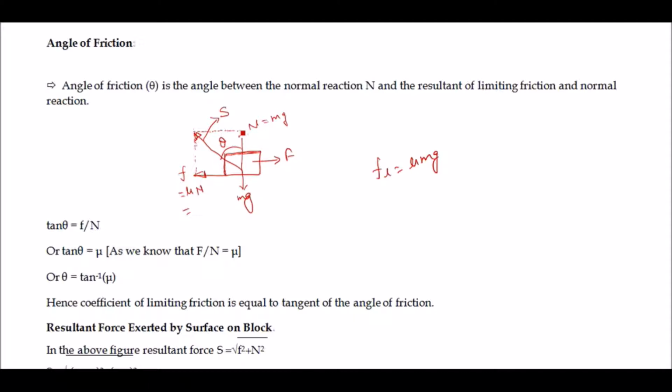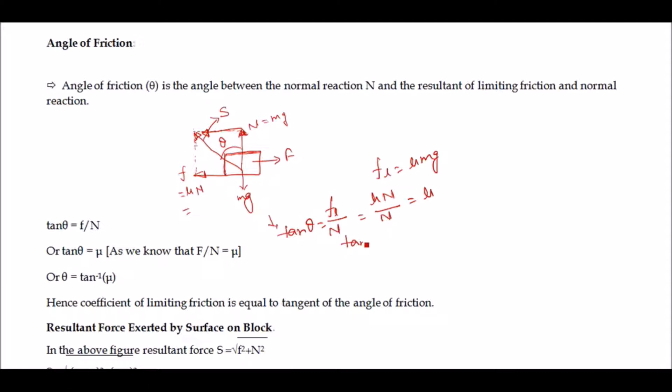So how will we calculate this value of angle theta? As per this figure, tan theta is equal to this force divided by this force. That is, tan theta is equal to F limiting divided by N, and F limiting is equal to mu into N. So divided by N, we get mu.